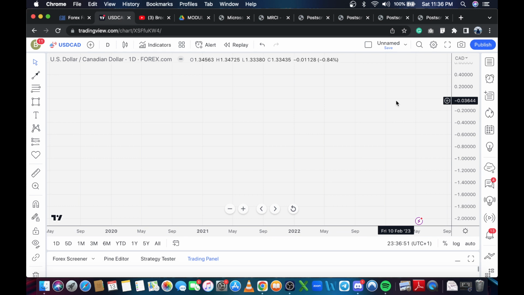If you can get a confirmation of multiple of these, usually they would align, and around every 3 or 4 months you get them aligning.